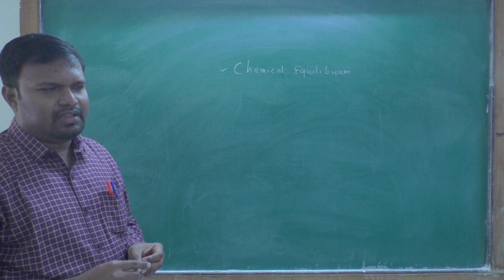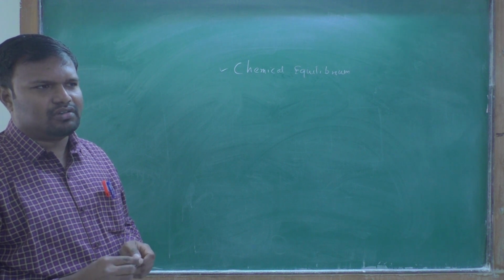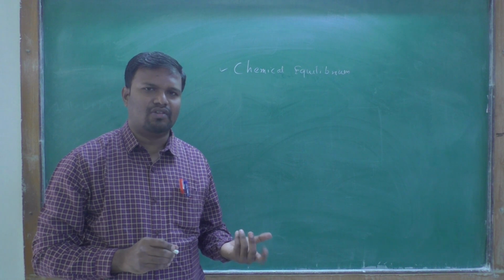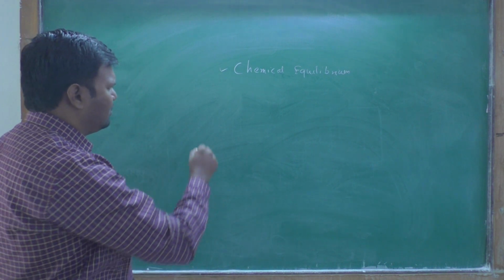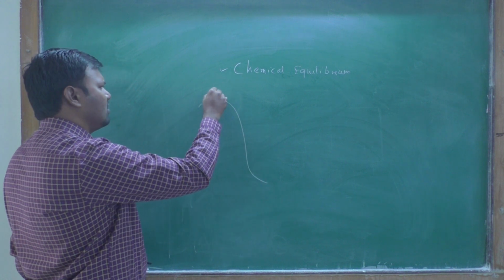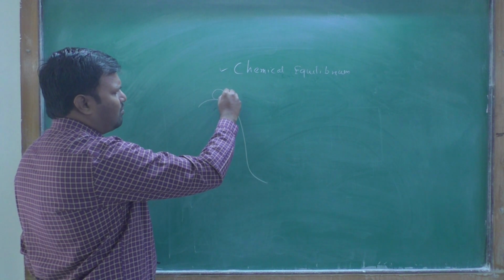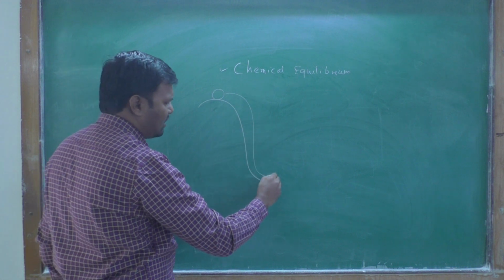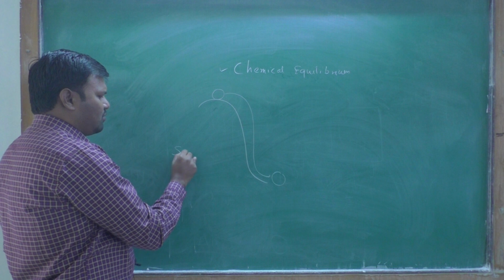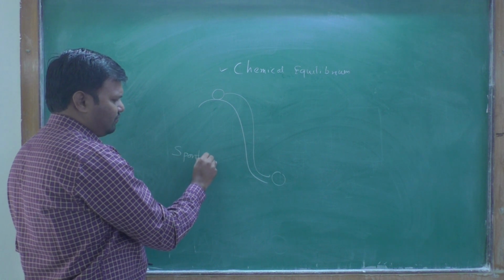To explain how Gibbs free energy is used for the spontaneity of a reaction, we have some examples. Suppose a ball falls from upside to the downside, that process is a spontaneous process, correct?